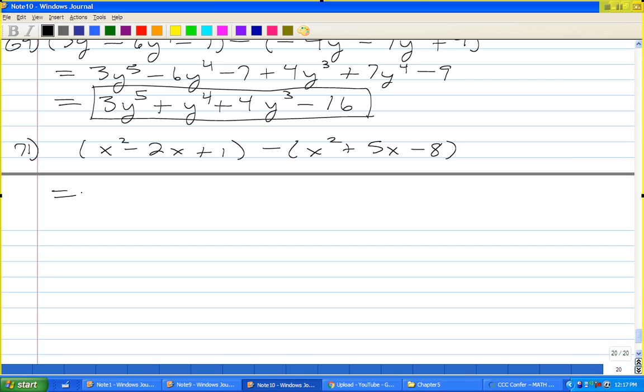Getting rid of the parentheses, x squared minus 2x plus 1. Changing all the signs inside the parentheses, minus x squared minus 5x plus 8. Combine like terms, the x squares cancel. Minus 2x minus 5x is minus 7x. 1 plus 8 is 9.